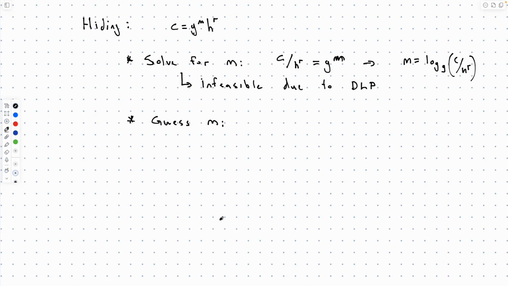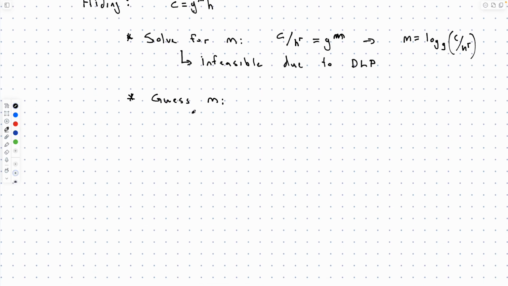So this won't work because I would have to try every number. To emphasize, it's infeasible if R is unknown and random, because then the best thing I could do is try every R, and it's infeasible to try every R.